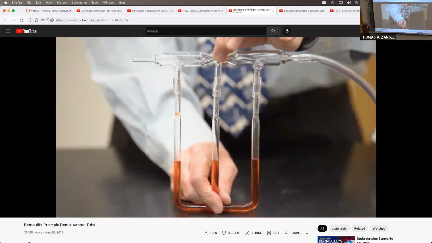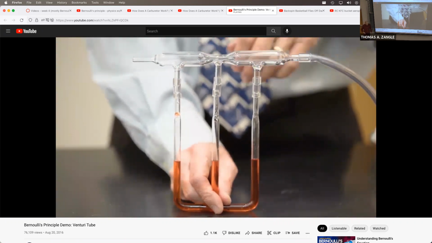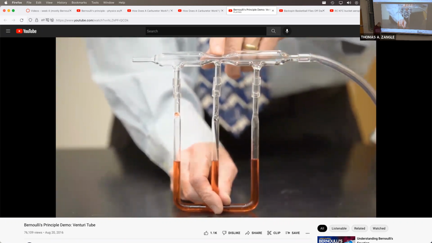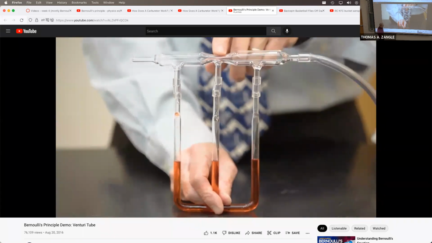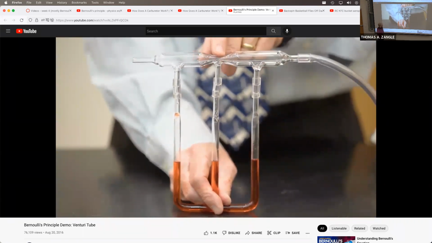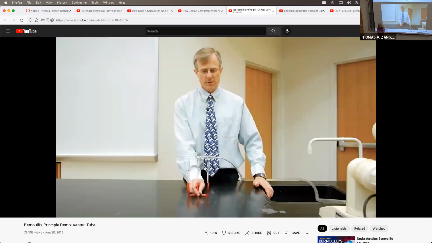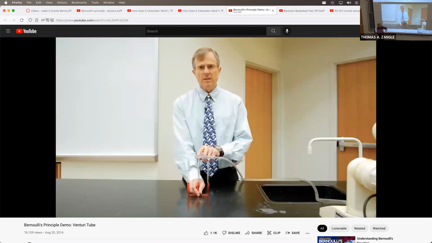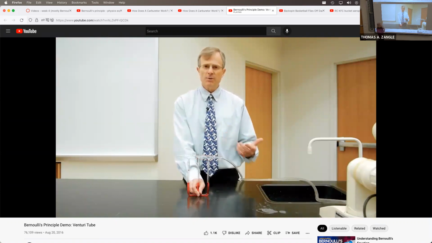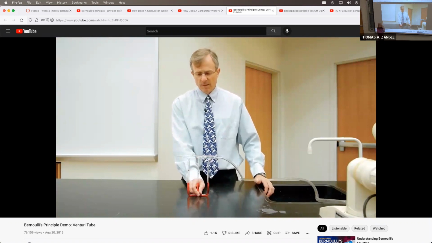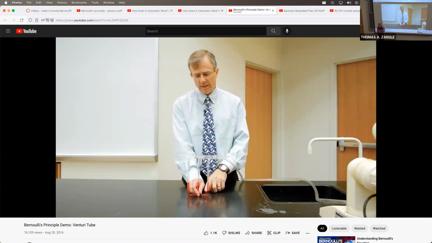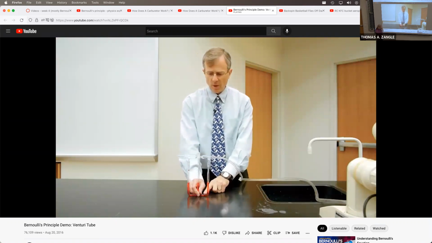And because this spot has a smaller cross-sectional area, the air has to flow faster here. So we've got a high velocity region here, a low velocity region here. But Bernoulli's principle says that the higher the velocity, the lower the pressure. So in this spot here, contrary to what your intuition might say, instead of the pressure being high here, the pressure is actually low.